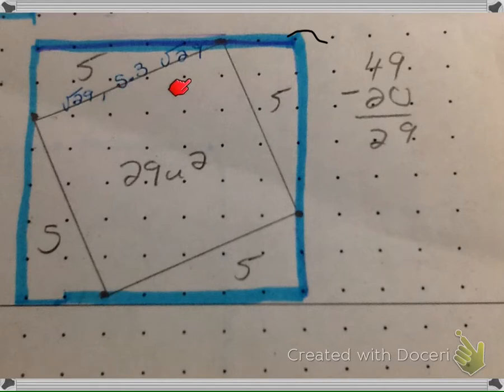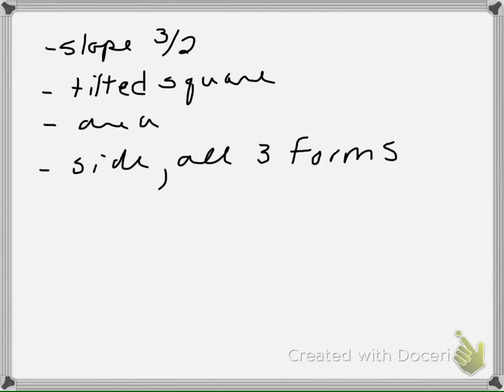And then this cannot be simplified in simplest radical form, so I'm just going to leave it as the square root of 29. Radical form, estimated form, simplified radical form, because you can't simplify it. The only thing that can go into the square root of 29 that's a perfect square evenly is 1, and 1 doesn't help you.